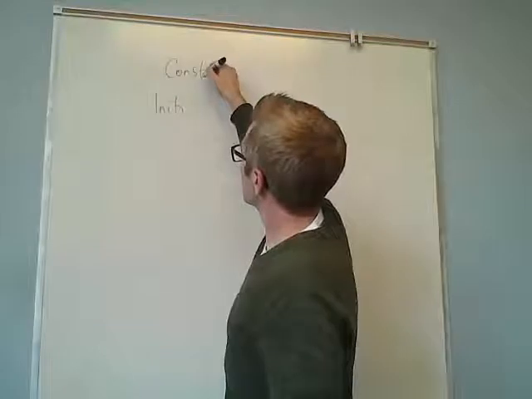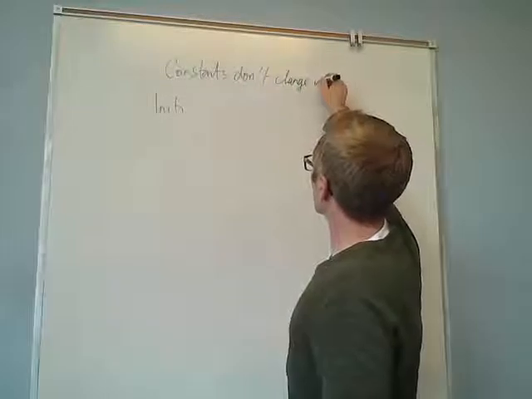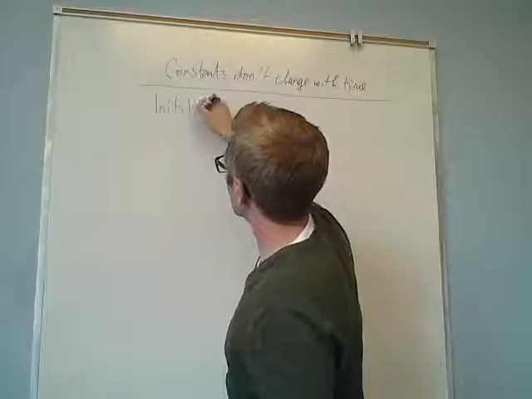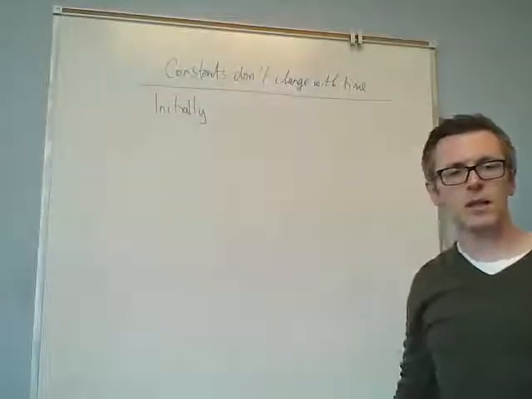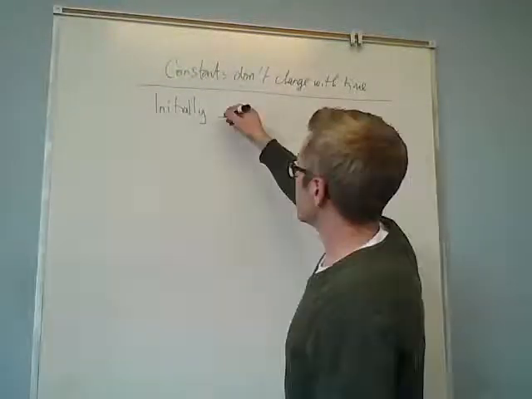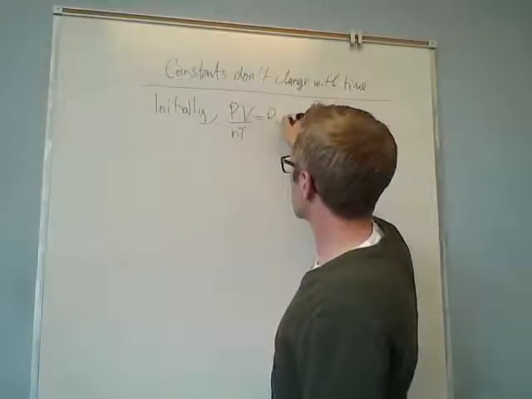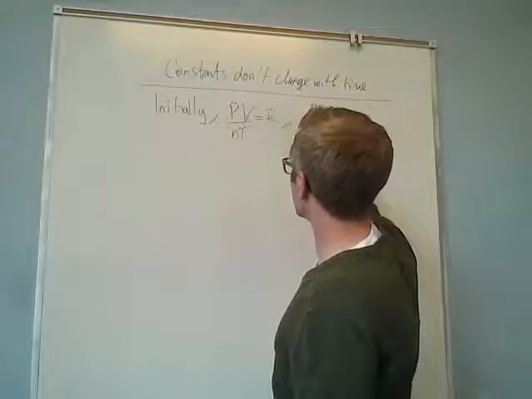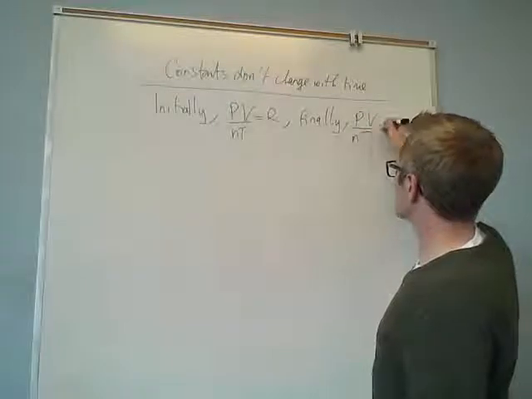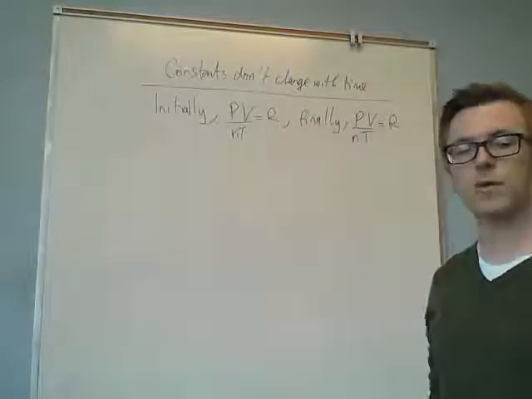We know that constants don't change with time. So a constant is a constant because it doesn't change with time. So that means initially PV over NT equals R. It also means that finally PV over NT equals R. If R is a true constant, it won't change with time.